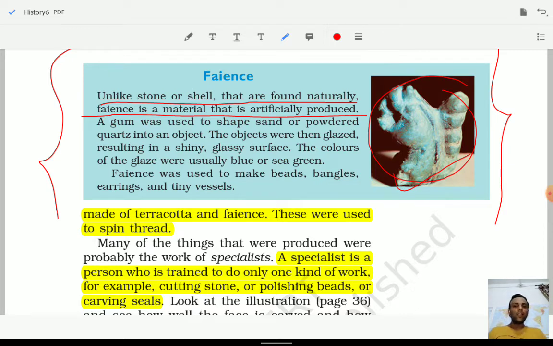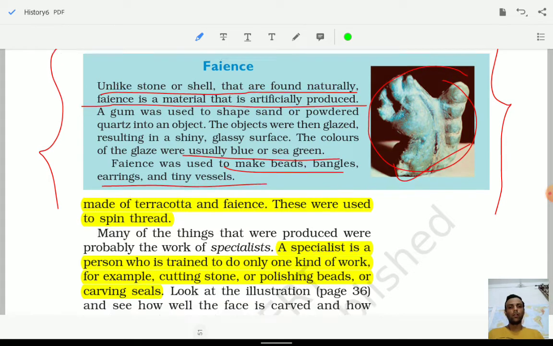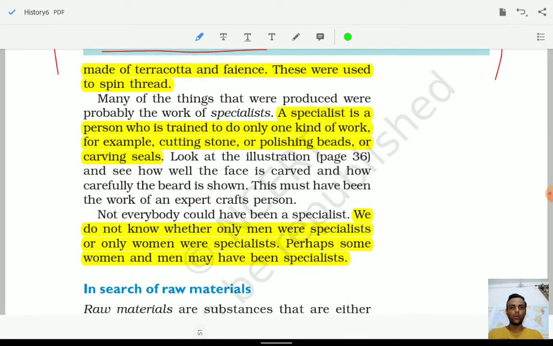The colors of the glaze were usually blue or sea green, right? Faience was used to make beads, bangles, earrings, and tiny vessels. So keep in mind the utility of faience. Faience was not a naturally occurring substance but an artificially produced thing. Keep this with you as a note.